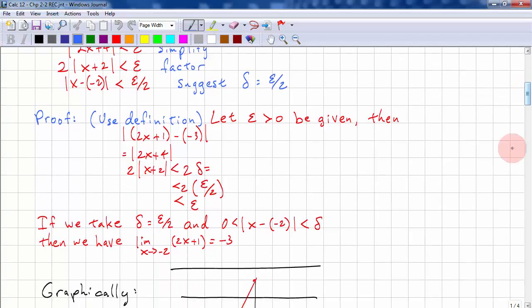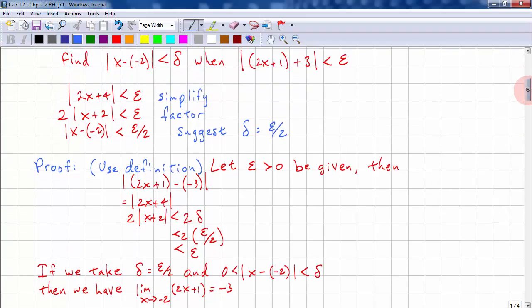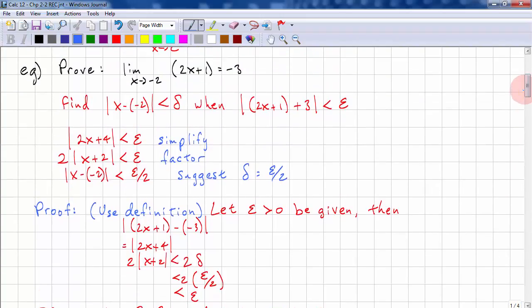Now we can do our proof using the definition. Let epsilon be greater than 0. Then we have this, f of x minus L. We simplify it, and we factor this, and now it looks like this whole statement.